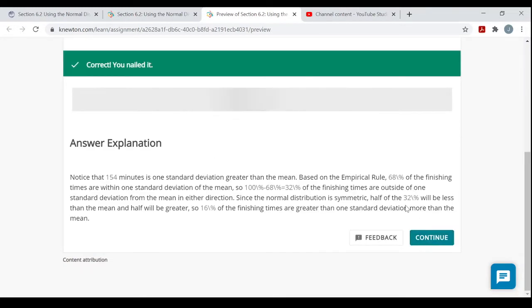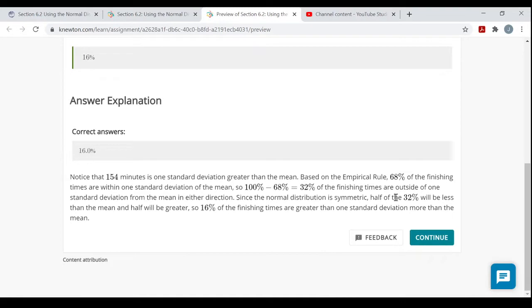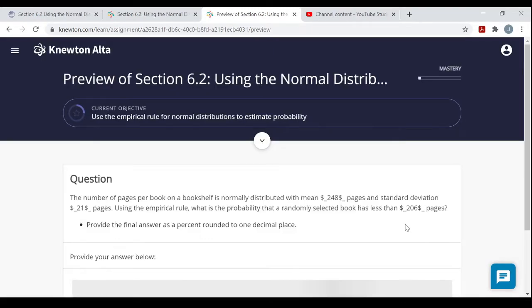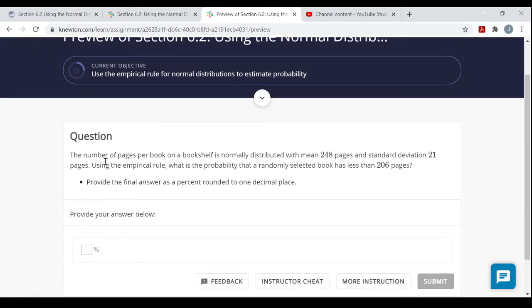Wonderful. All right, so this is, again, use the empirical rule. So again, I will draw a little picture. Here, the number of pages per book on a bookshelf is normally distributed, with a mean of 248 pages and a standard deviation of 21 pages.